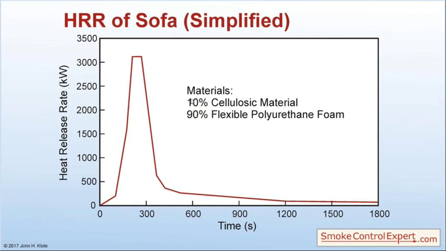Now, if you have 10% cellulosic material, you don't take the sofa and say, oh, 10% of the weight is wood, and so we'll say 10% of our fire will be cellulosic material. If you've ever witnessed one of these burns, you see when the burn is over, there's a good portion of the frame of a sofa or a love seat or an upholstered chair left behind.